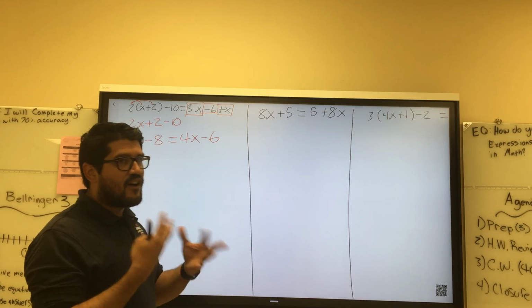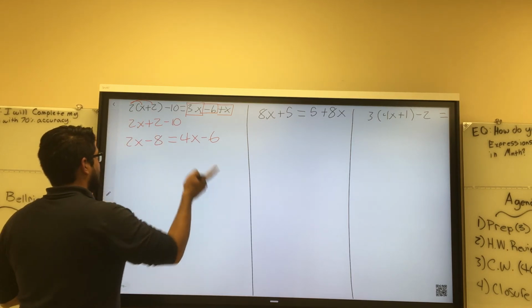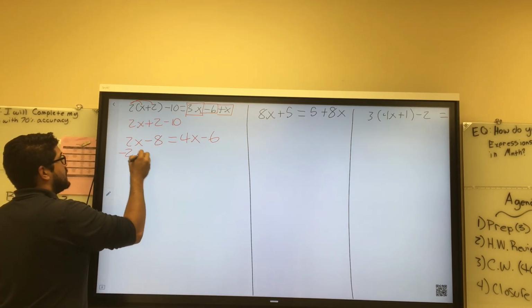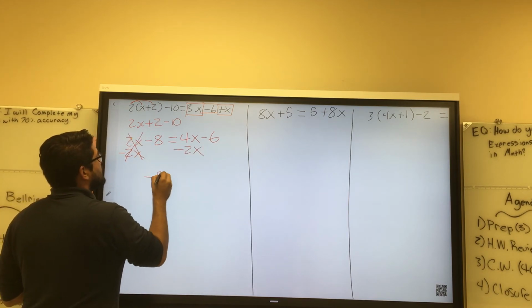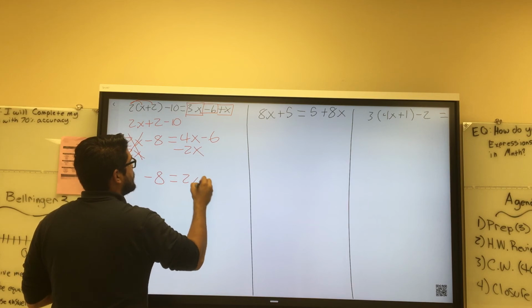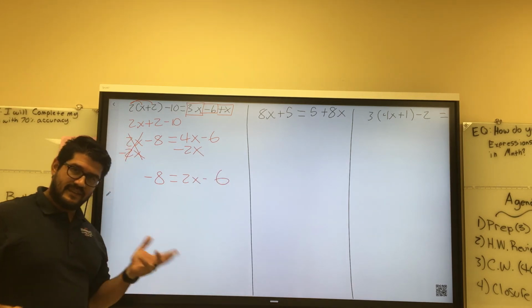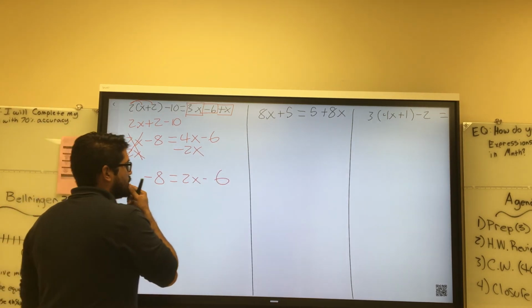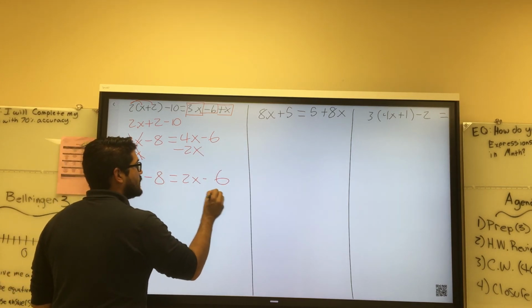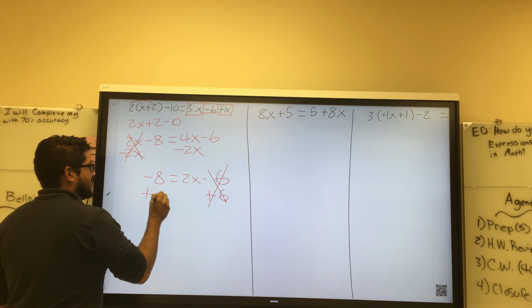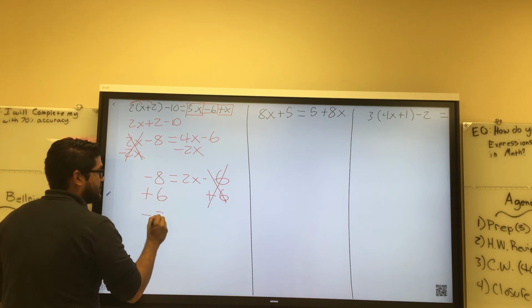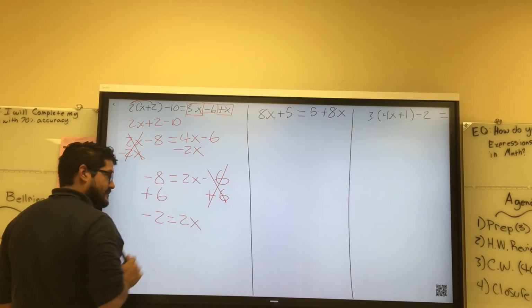Now this looks like all the stuff we've been doing. Let's get rid of the 2x, minus 2x. Goodbye, minus 2x. Now we're left with just one side with an x. That's easy now. So here we're going to, instead of minus 6, we're going to add 6. Okay? So add 6, we're left with negative 2 equals 2x.